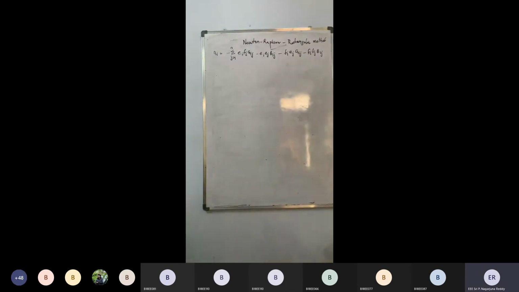This was the expression which was derived yesterday for reactive power.